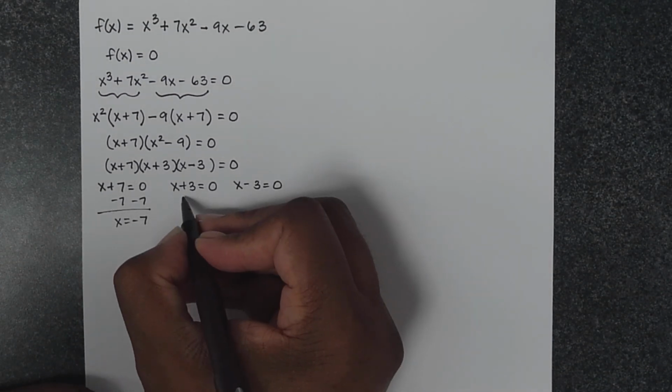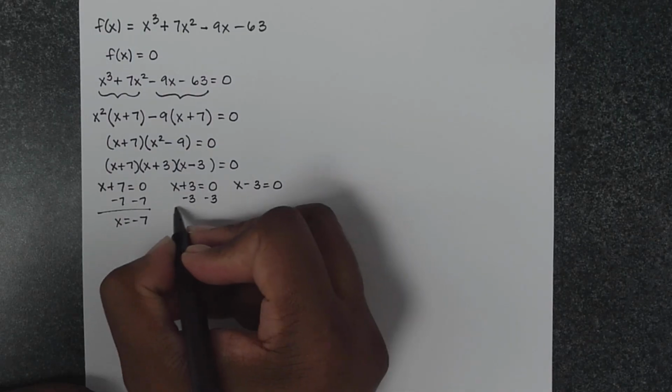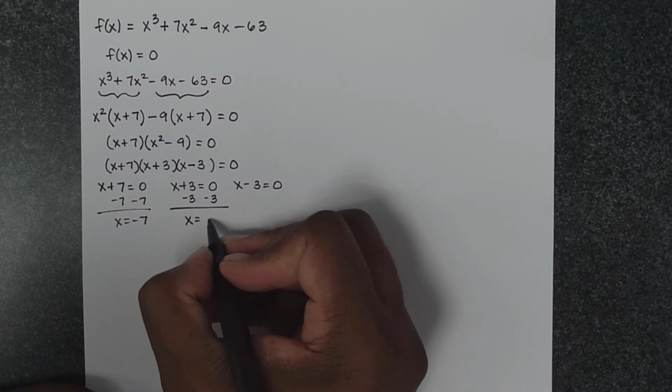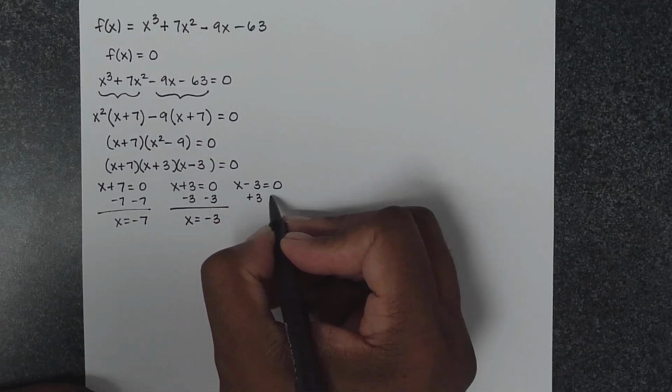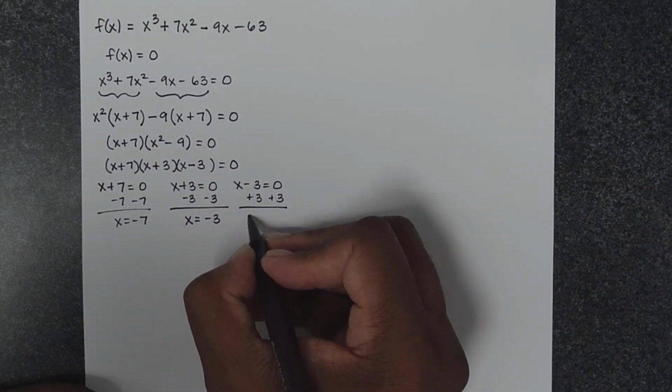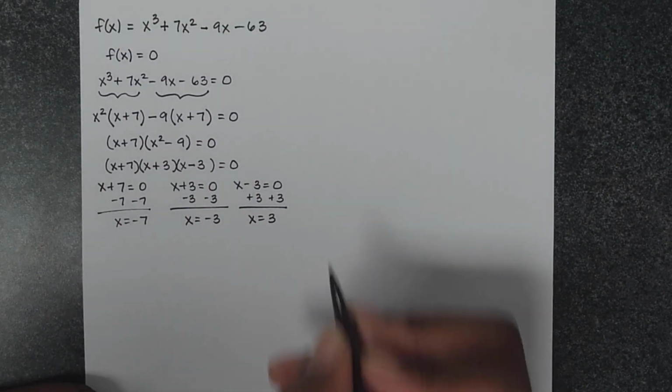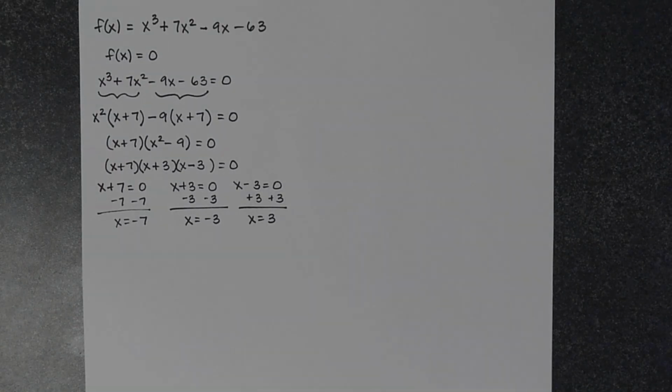For x plus 3 equal to 0, x is equal to negative 3. And for x minus 3 equals 0, x is equal to 3. So these are my zeros for this polynomial function: x equals negative 7, x equals negative 3, and x equals 3.